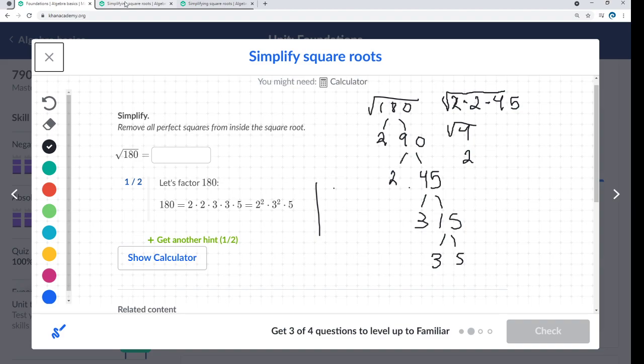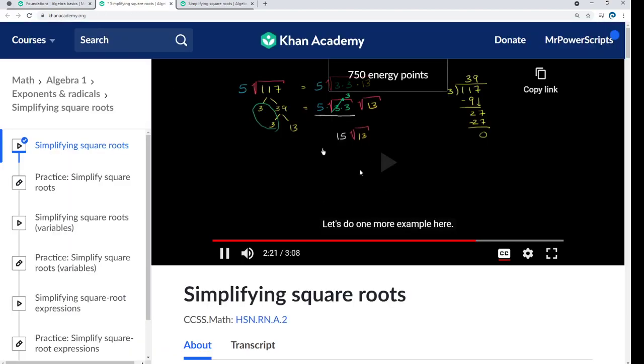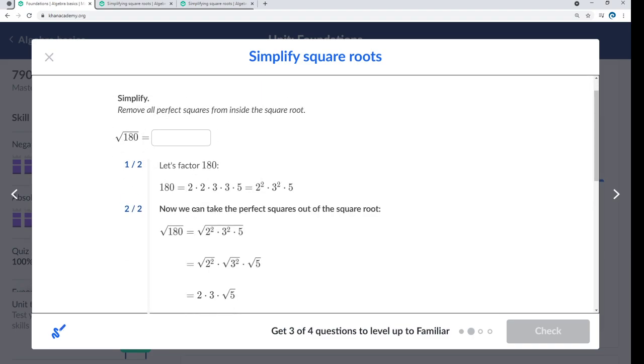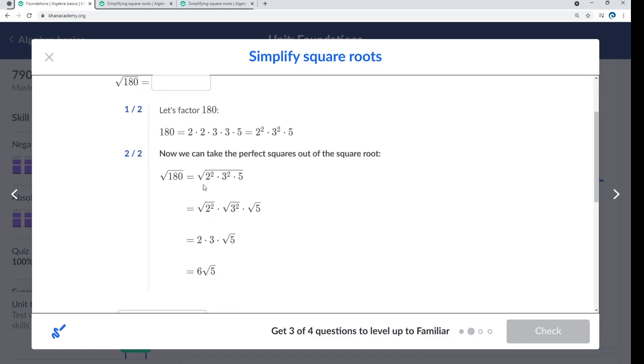Cool. And then let me see if I can just follow along here. Well, let's just do the hint, and maybe I can get the last one just to follow along. Okay, so then you have square root of 180 is equal to the square root of 2 to the second, 3 to the second, times 5. And so you break these out into their individual square roots.